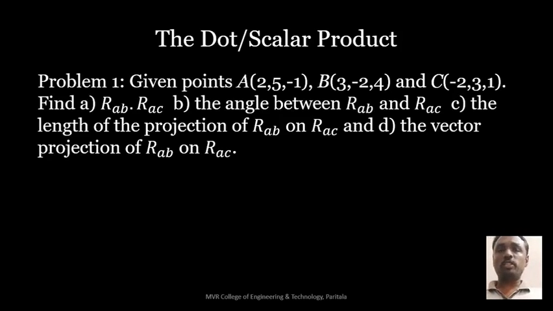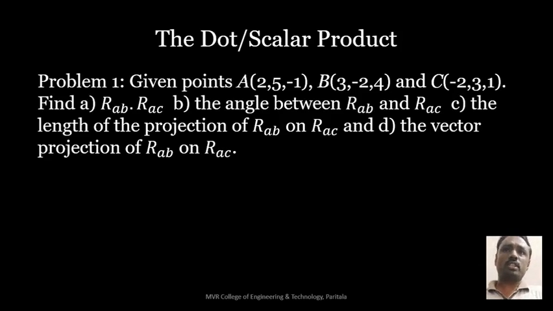Now I can explain briefly how to do this problem. After completion of this video, I can post a video solving this problem. No problem. So just see how to do this problem, and try this problem at home.